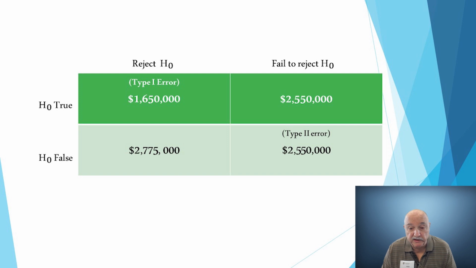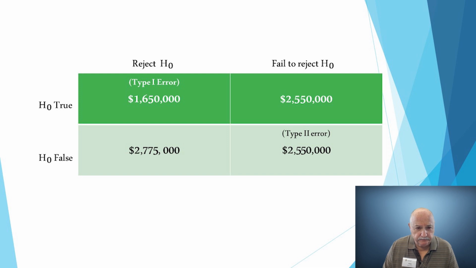In other words, if you commit the type 2 error when the null hypothesis is false, you are leaving $225,000 on the table. Now, in this particular scenario, obviously it is worse to commit a type 1 error. However, committing a type 2 error is causing you to lose $225,000, and that's certainly nothing to sneeze at.